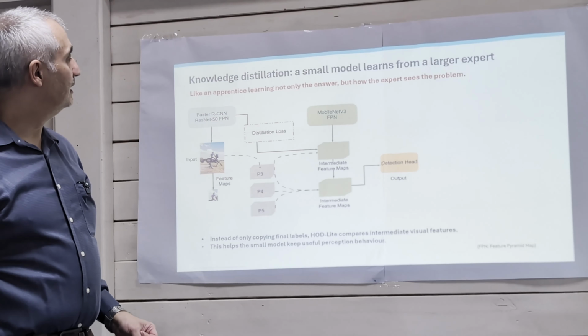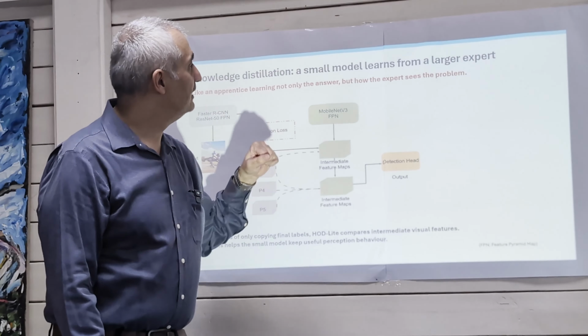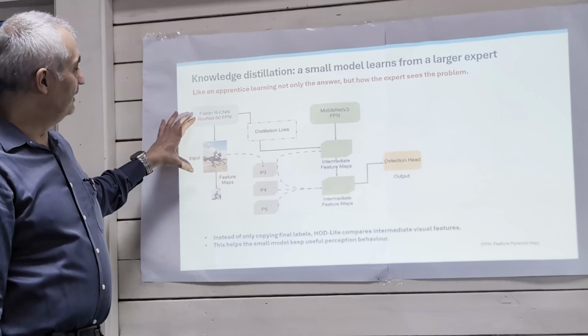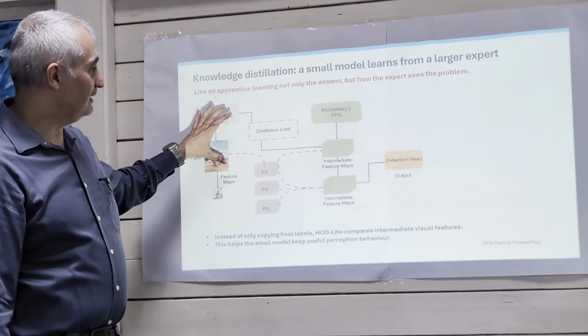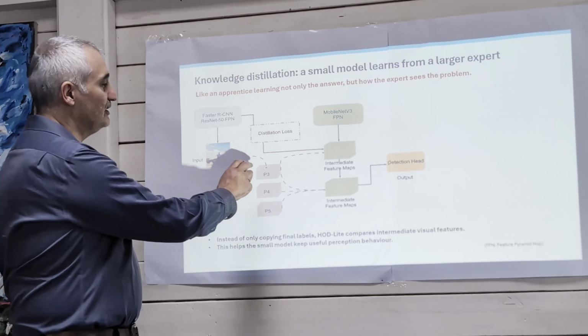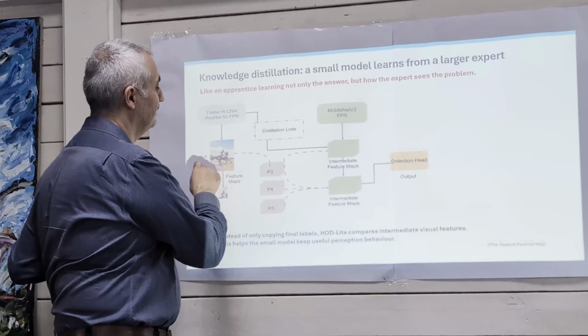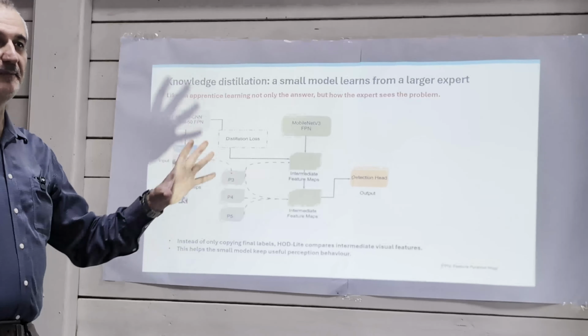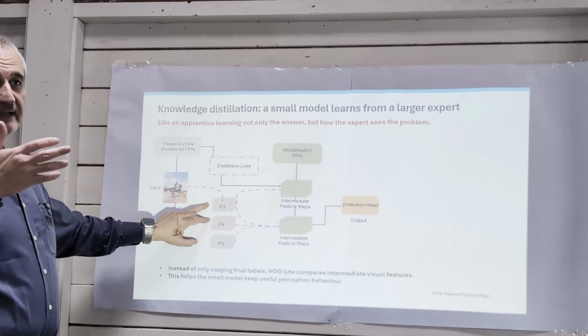And the knowledge distillation is where we have the system with its internal feature pyramids, so that each layer of the network basically picks up on a different feature. So one might be picking up on heads, or it might be picking up legs, and they could be at different scales as well.